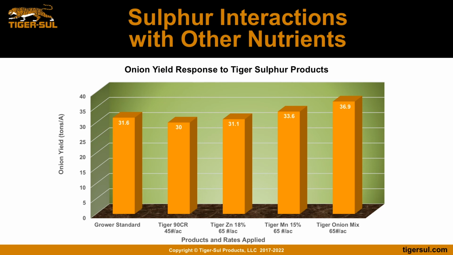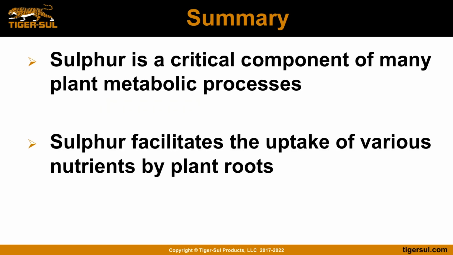In this case, we saw a slight increase when zinc was added, another increase with manganese, but a much greater increase when the onion mix was added, which contained both the manganese and the zinc. So this shows when you add the sulfur along with other nutrients, we saw a much greater response. So in summary, sulfur is a critical component of many plant metabolic processes.